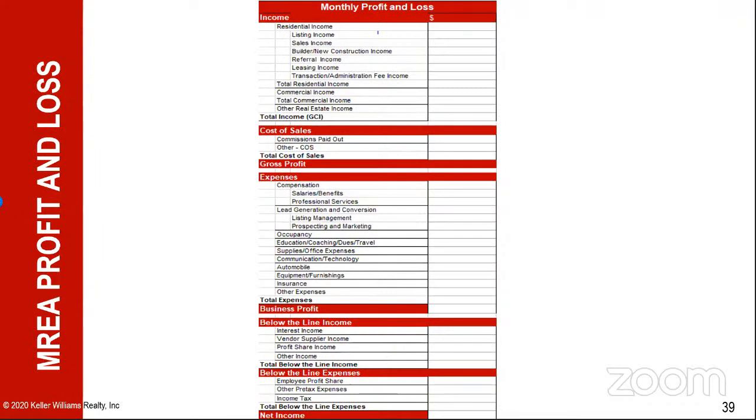If you're hiring an accountant, bookkeeper, or CPA, make sure that they follow this real estate specific chart of accounts, or give them a copy of the MREA book so that they can understand the model as well. Like I said, there's a link to it in the description below, and it is available for download. One of the things you're going to do is use the chart of accounts to compare your budget to the actual results.